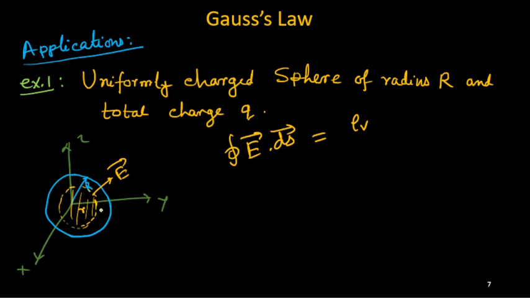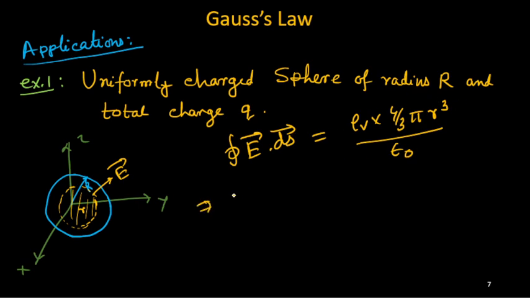Now what is the volume? It's a uniform charge, so the volume is 4 by 3 pi small r cube. So this is the total charge for this small sphere, upon epsilon naught.